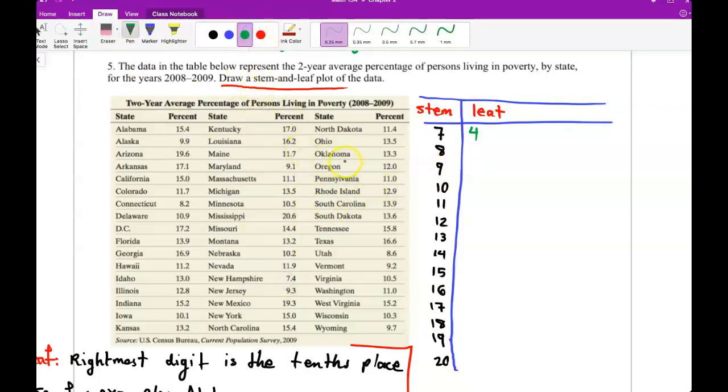Then we have 8. We have 8.2 and 8.6, so we have 2 and 6.